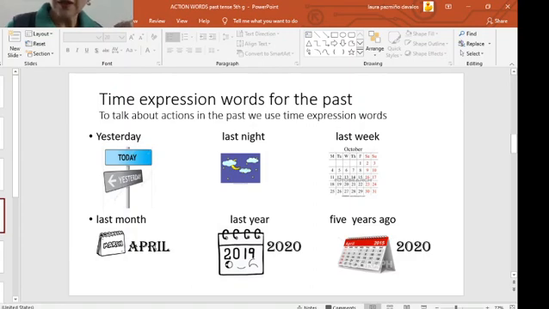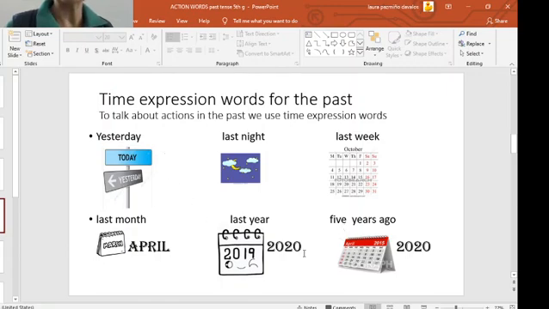Last month, mes pasado, todo es last, la clave, miren, last month, mes pasado, last year, el año pasado, y 5 years ago, hace 5 años, hace 2 años, it's up to you, hace 1 hora, 1 hour ago, okay?